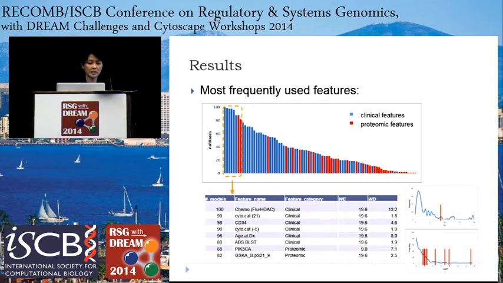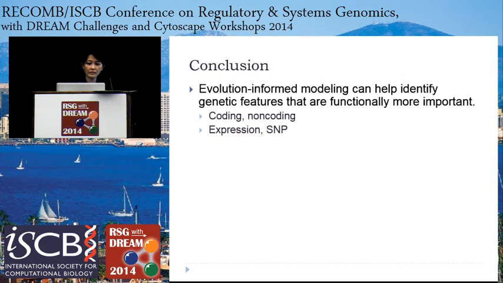So the differential distribution is really strong. The conclusion is evolutionary information can actually help us to identify genetic features that are functionally more important. In my research, I studied evolutionary patterns for disease mutations for quite some time.